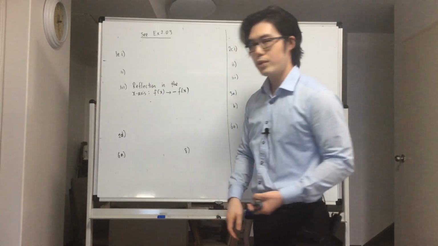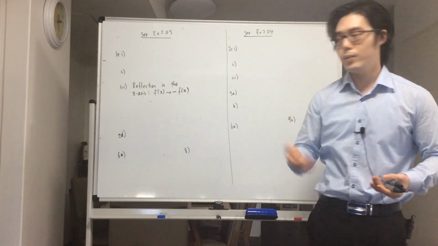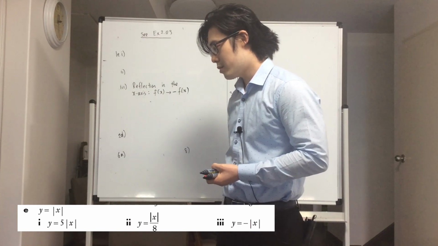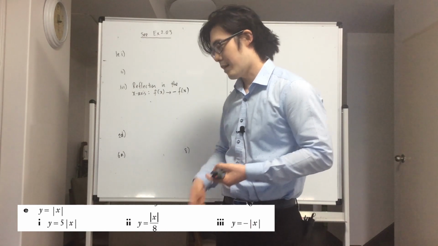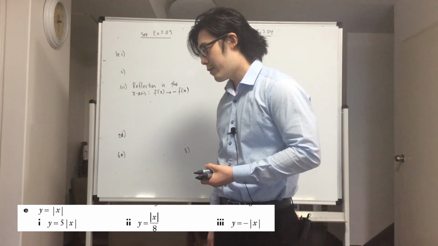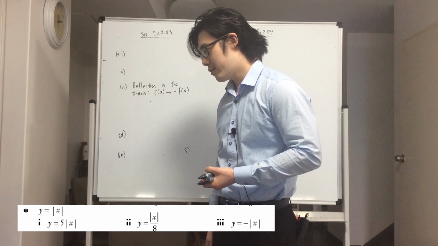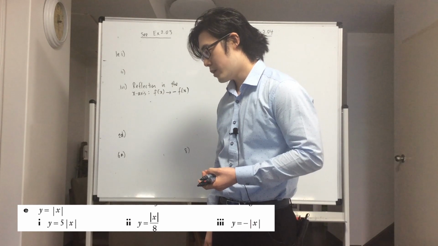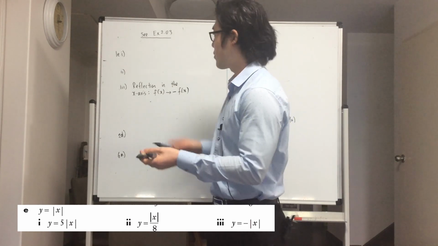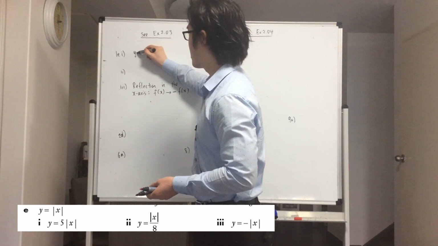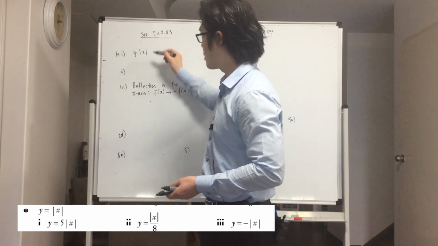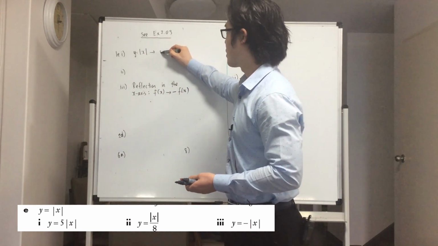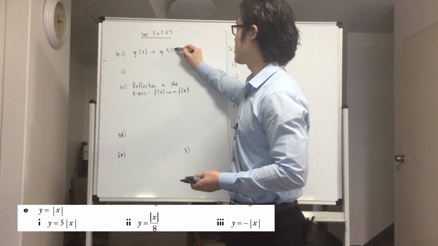So exercise 203 is vertical dilation, which is the easier one, okay? 1E, okay? Describe how the constant, that means the scale factor in this case, affects the transformed graph given the parent function and state the scale factor. Okay, so question 1E, we've got absolute of x, and then from here, we've got that, okay?